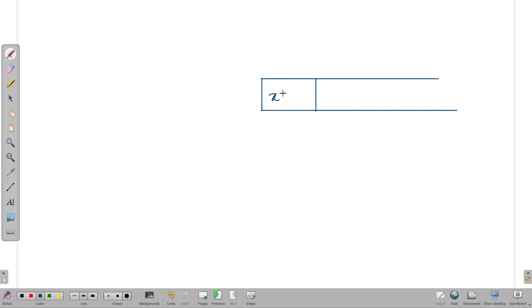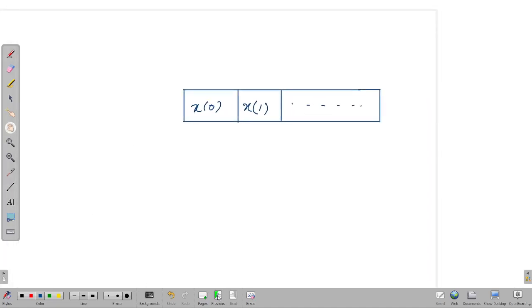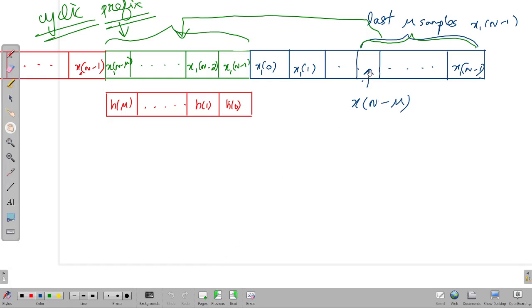So this is x of 0. I'm dropping the subscript now for easiness. It is just x of 0, x of 1. It goes up to, from x of n minus mu to x1 of n minus mu, I'm placing it as a prefix.